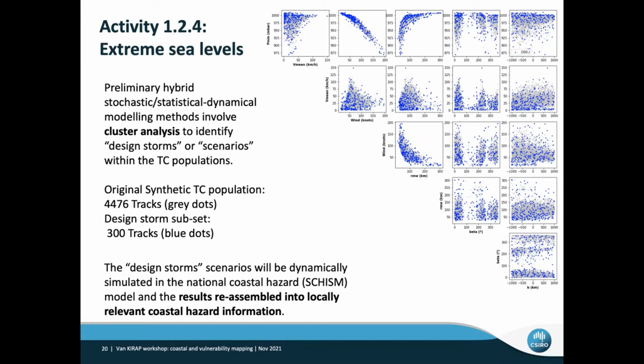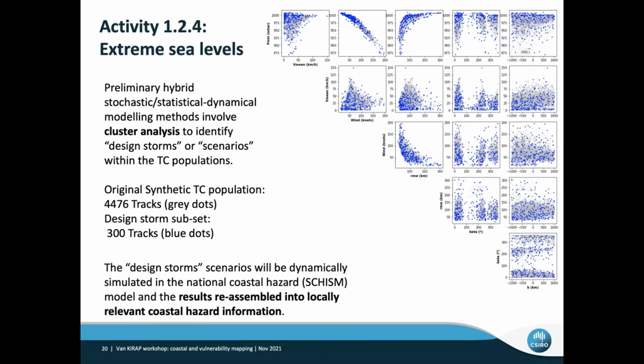Once we have these downscaled synthetic cyclones, we can then reconstruct that into locally relevant coastal hazard information with reduced uncertainty compared to just the historical or single scenario dynamical simulations. It's this stochastic versus deterministic approach.